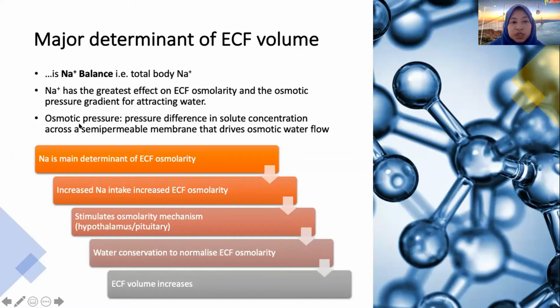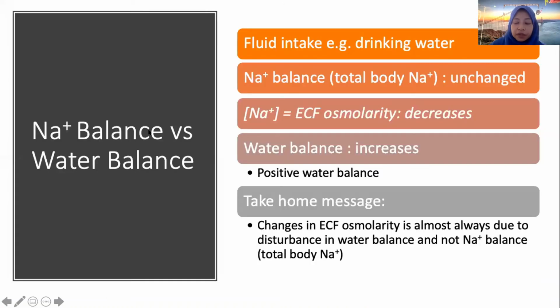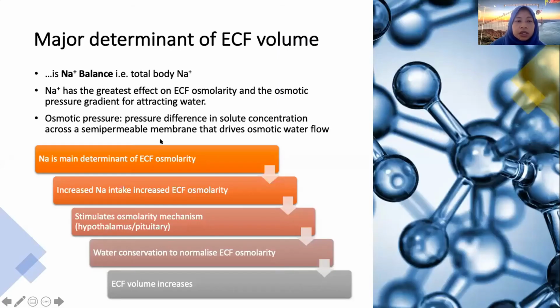So what is the osmotic pressure? It is the pressure difference in the solute concentration across a semi-permeable membrane that drives the osmotic water flow. So sodium balance is a major determinant of ECF volume, right?